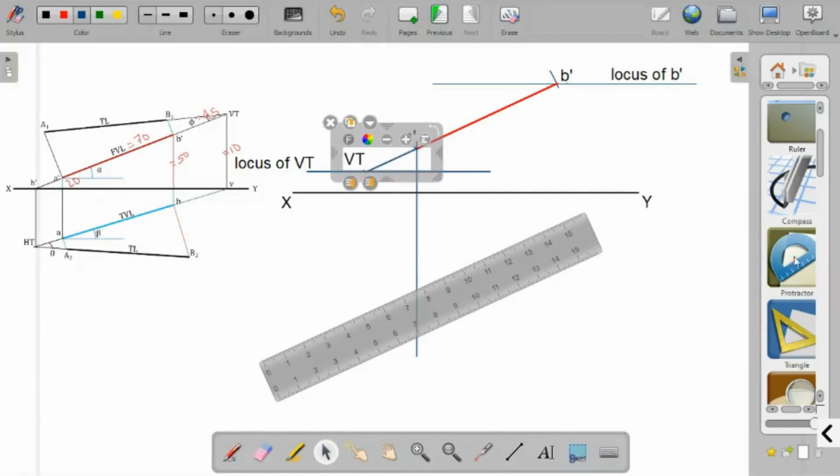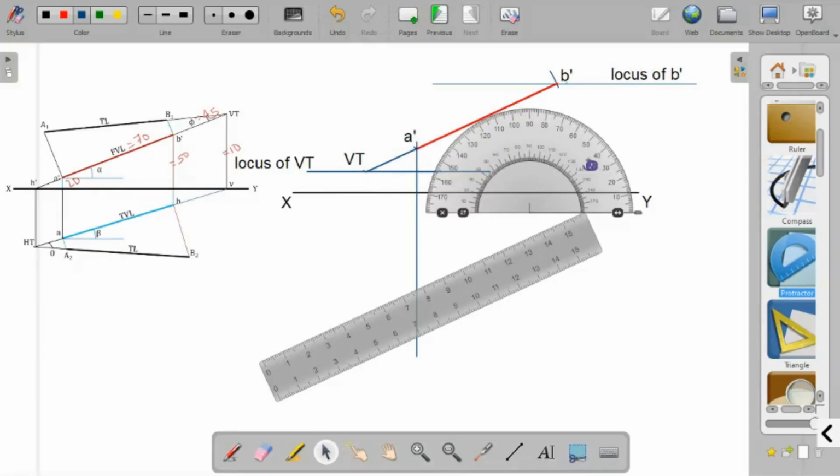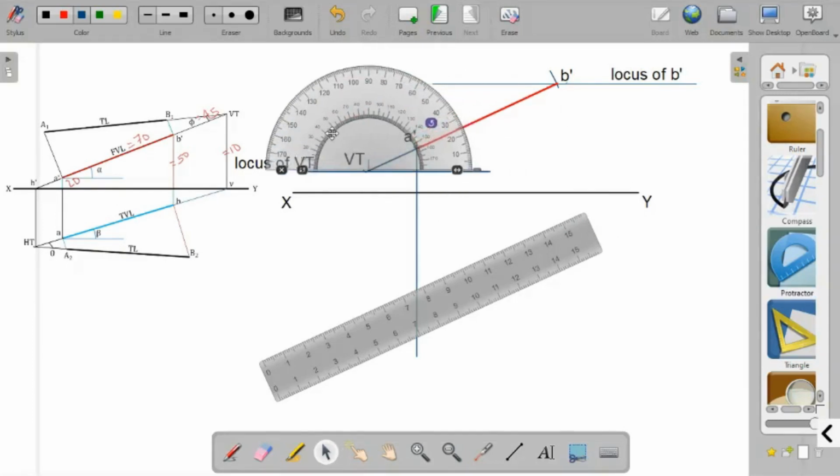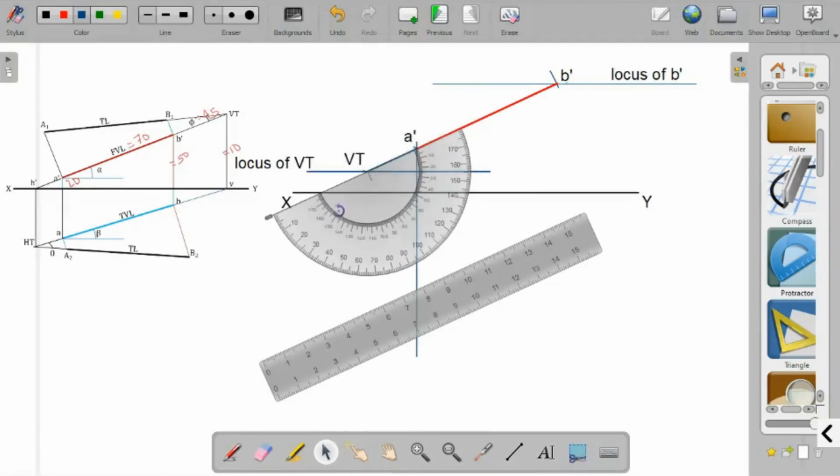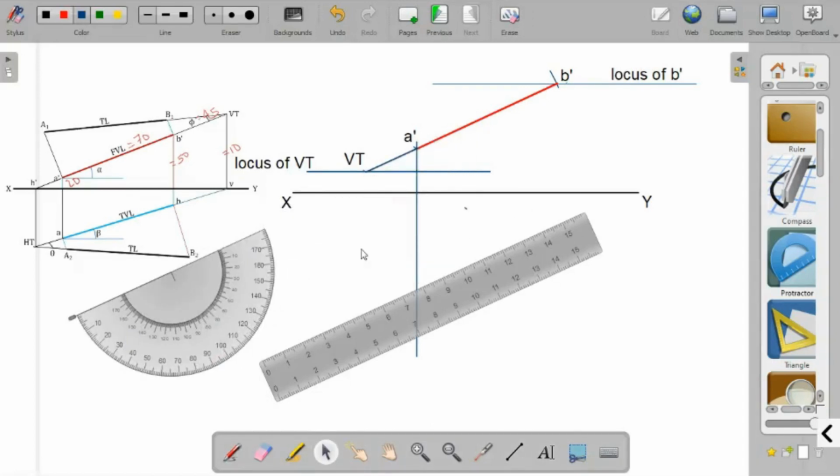Now from this point VT, you have to mark an angle of 45 degree. 45 here will be 135. Now join VT with this 135 and extend the line.